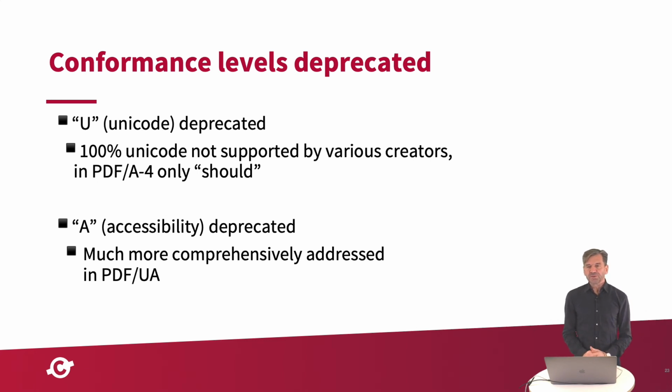We also wanted to make it easier, so we removed the conformance levels. U for Unicode was a smart idea in the beginning. Unicode for text is needed to be sure that text can be copied out of a PDF file.